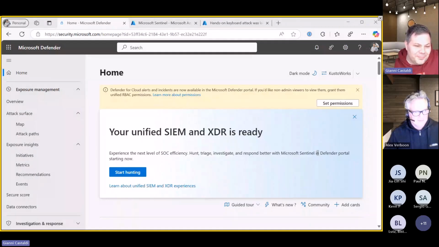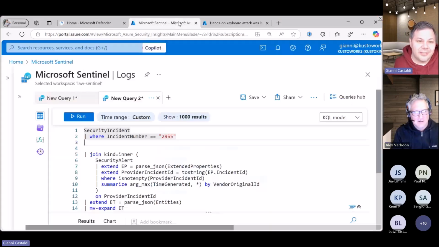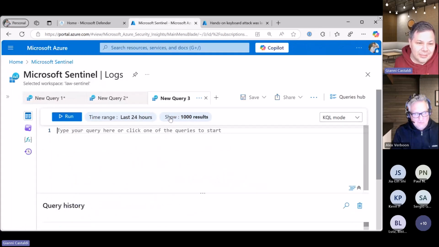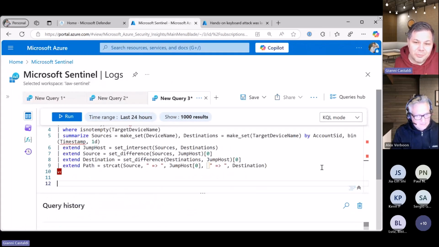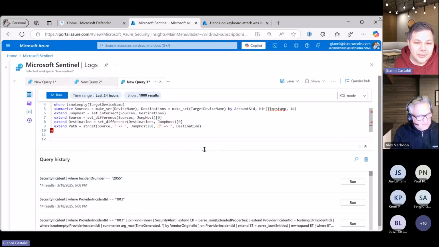Good. So, like Alex said, the set intersect and the set difference are two operators which we can use in the security portal in Sentinel Defender. So start with a simple query.